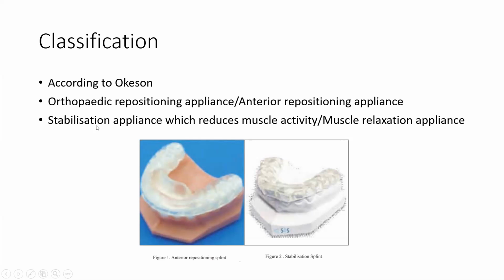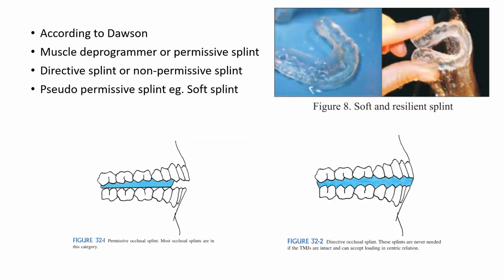He also classified the occlusal splint as the stabilization appliance, in which there is a flat occlusal plane, and it helps in muscle relaxation of the muscle activity. Dawson has also classified the occlusal splint into three categories. That is the muscle deprogrammer, or the permissive splint, in which there is a flat occlusal plane, and it can be fabricated on either the maxillary or the mandibular arch.